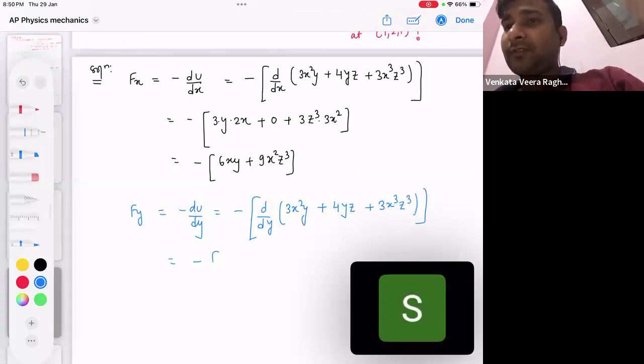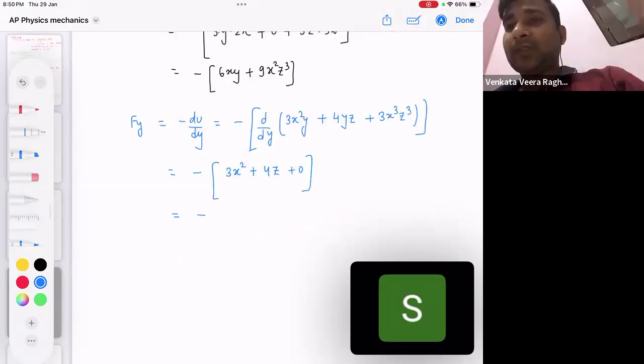Differentiate it: first term, 3x squared outside, y differentiation is 1, plus 4z outside, y differentiation 1, and the third term differentiation is 0 because all are constant. So we got minus of 3x squared plus 4z.